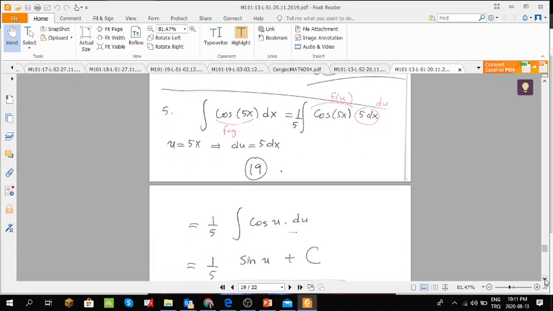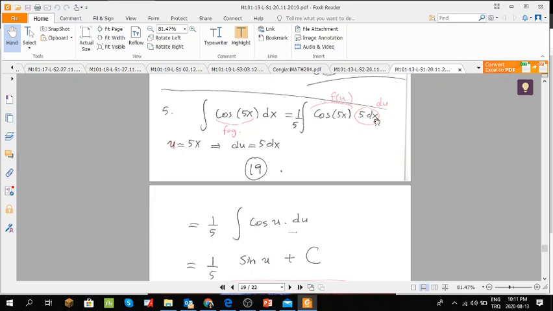Question 5 is integral cosine 5x dx. Cosine 5x is like f of u, where u is 5x, and if you take the derivative of 5x, you get 5 dx. So we have 5 extra here, and then we divide by 5 and multiply by 5.